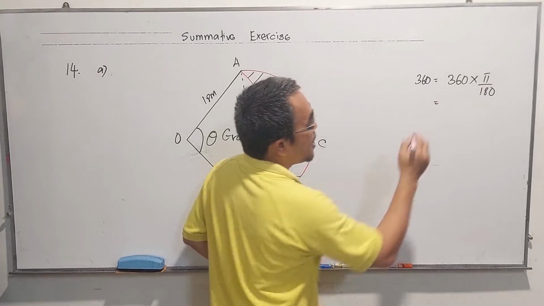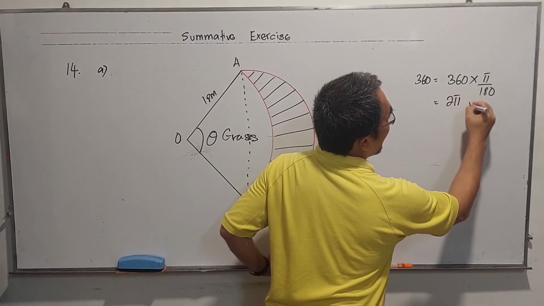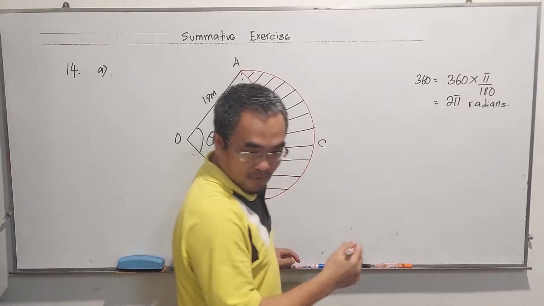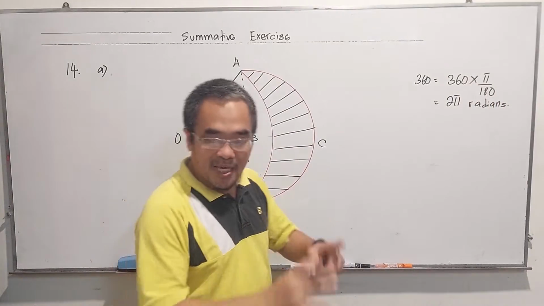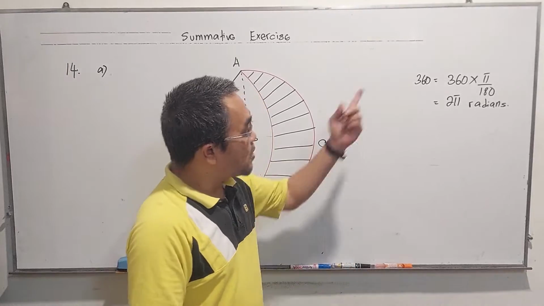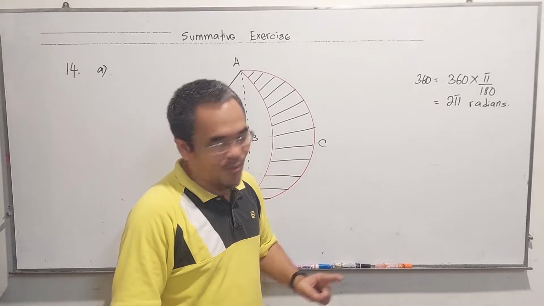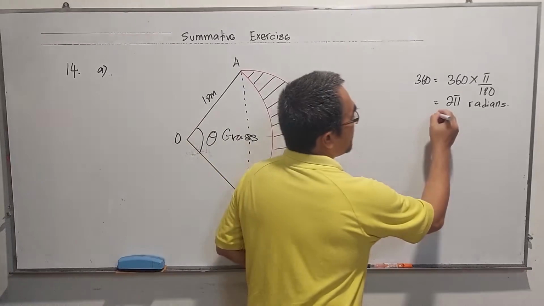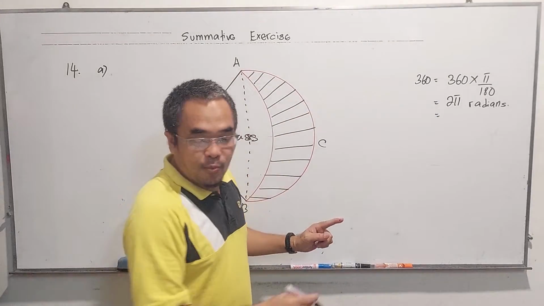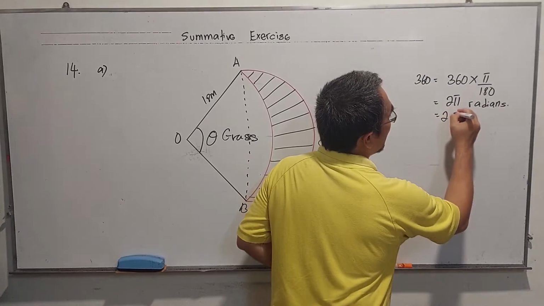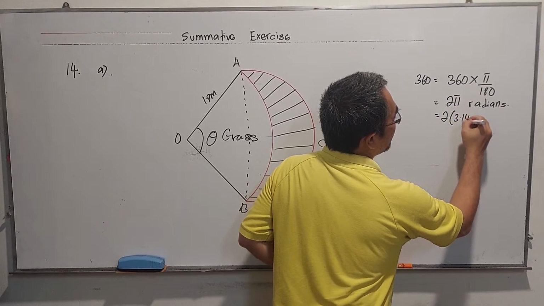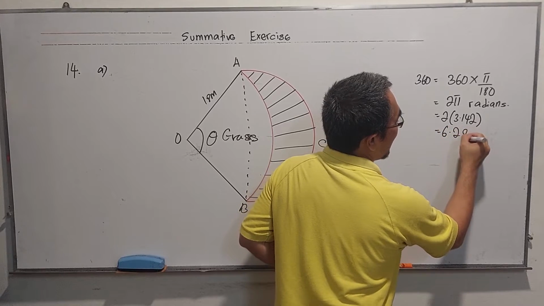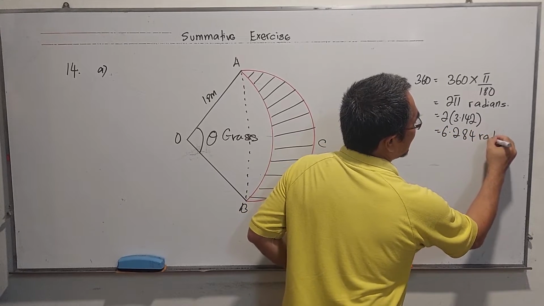So it will be 2 pi radian. That is 360 degrees is 2 pi, just like we memorized last time that one whole circle is 360. For pi we usually use 3.142, so it will be 6.284 radians.